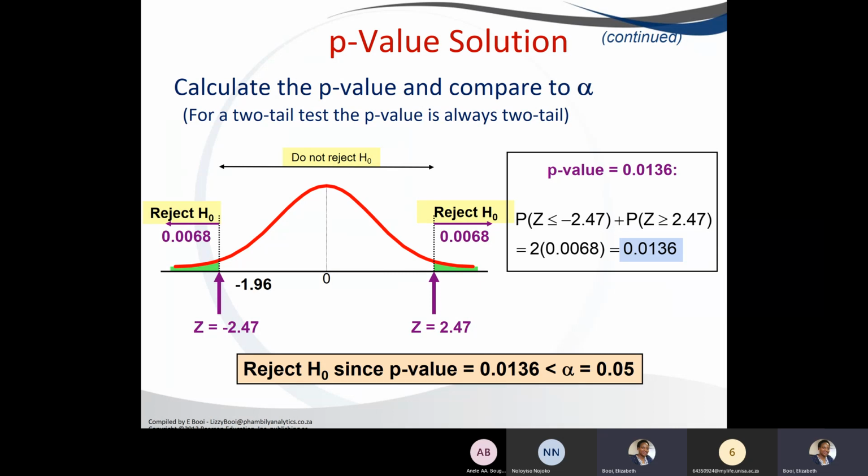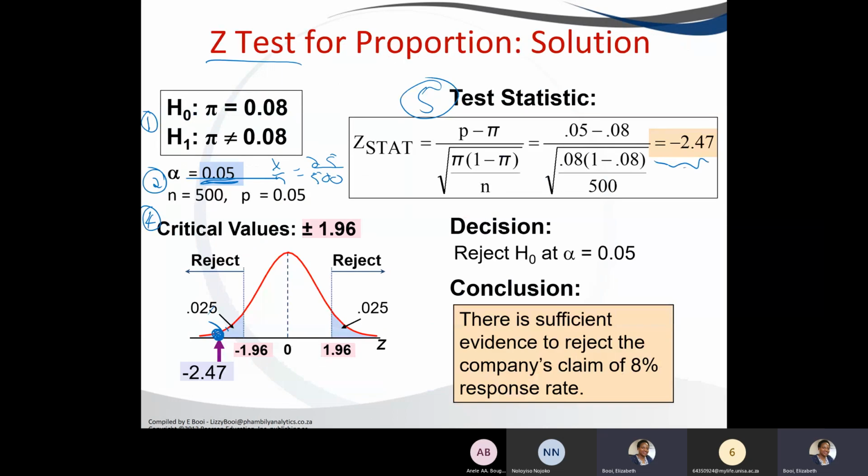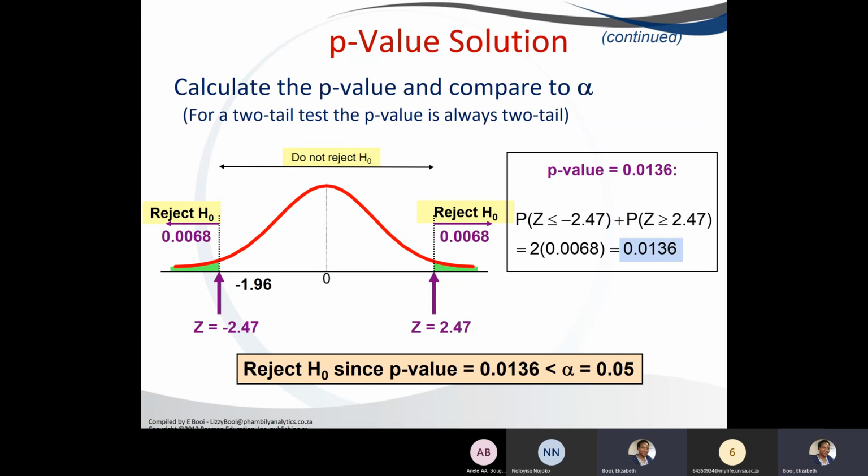In terms of the p-value for the same exercise, we use the answer we got of minus 2.47. Since it's negative, we're going to find the value on the table and multiply that value by 2. Go to the table, we find the value, which is 0.0068.